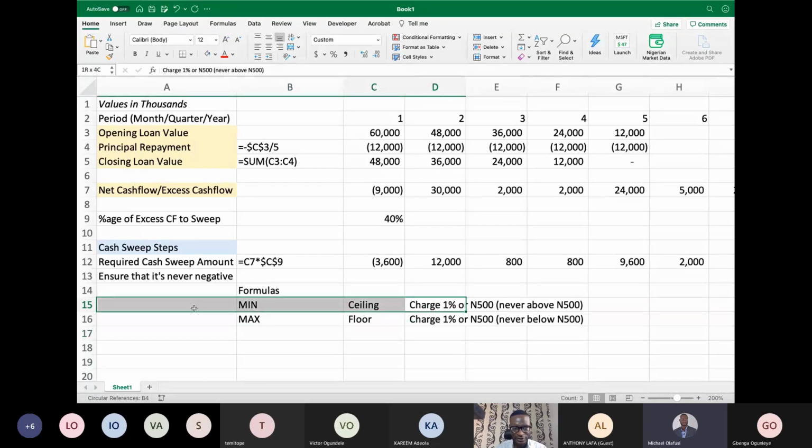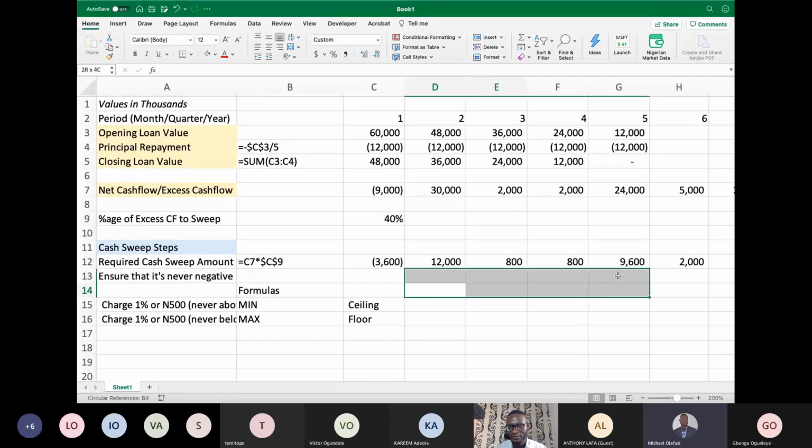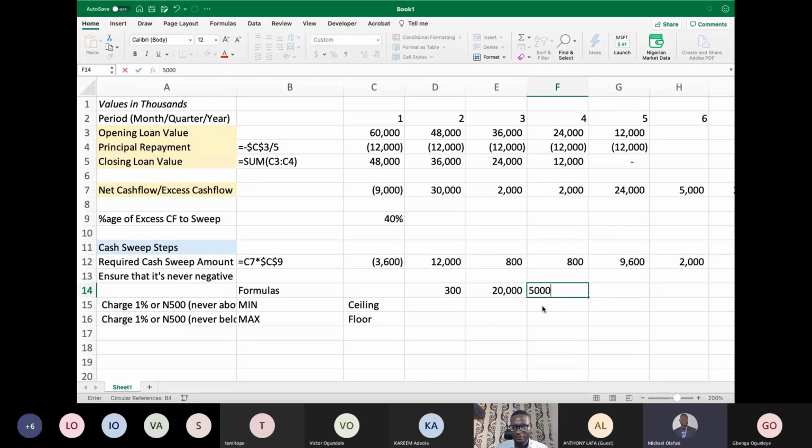Let me just drag this one here, drag this to here. And then let's talk about the charges. So say the transactions you have done are, well, I'm just going to be writing 500, 300 naira, 20,000, 5,000, maybe 1,000, then maybe 10,000.